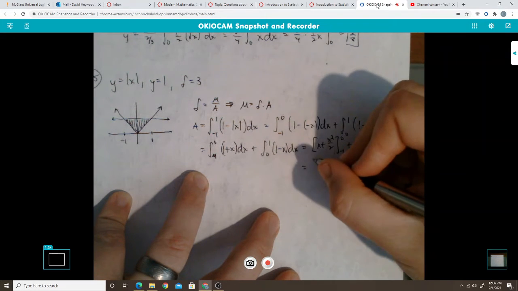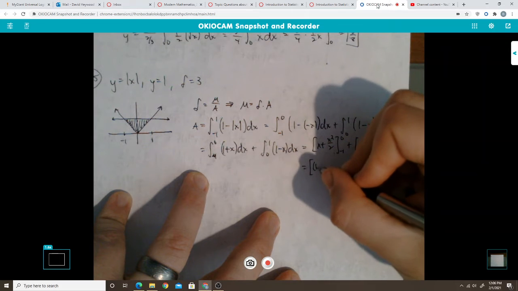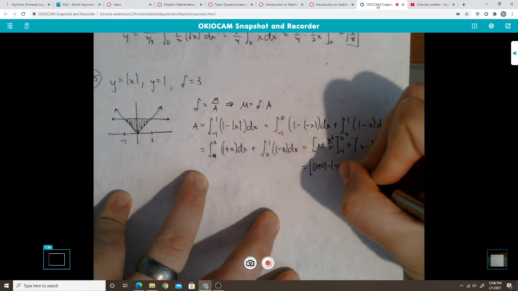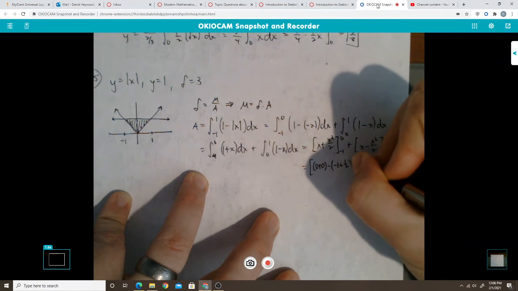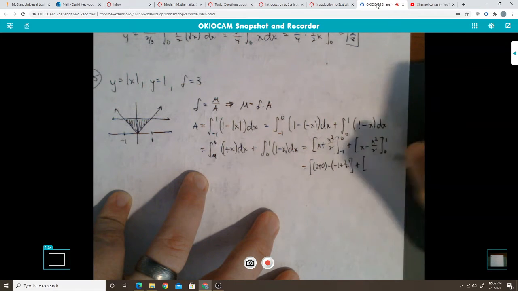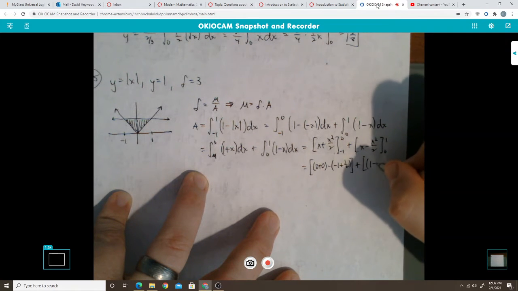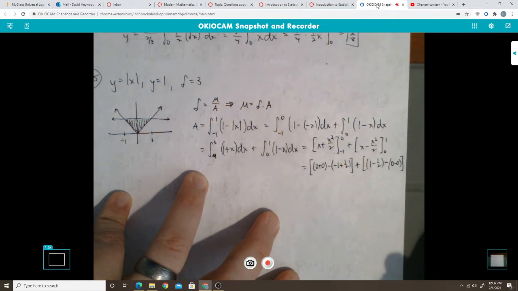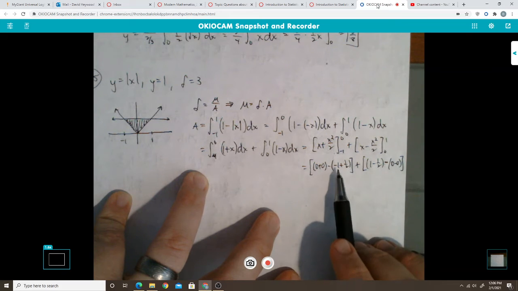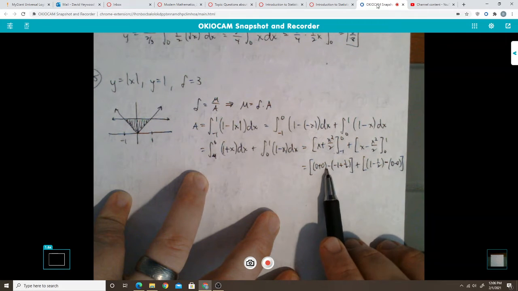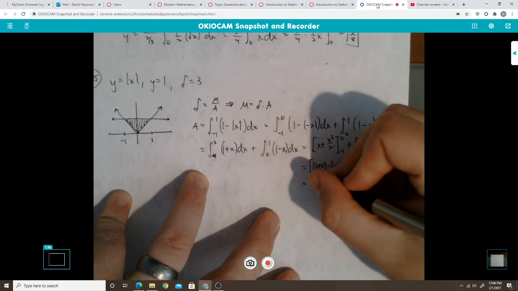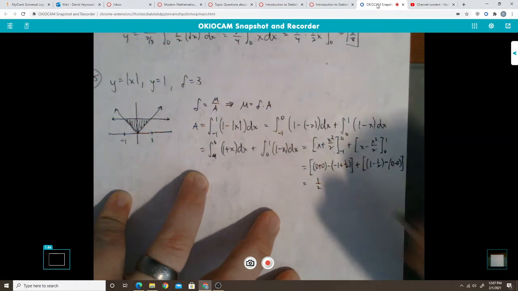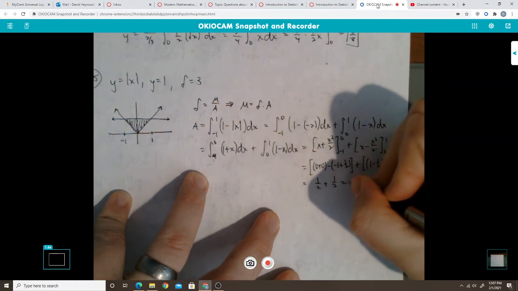That's going to be 0 plus 0 minus -1 plus 1/2, plus 1 minus 1/2 minus 0 minus 0. Here we get a -1/2, that negative makes it a positive, so it's 1/2, and here we have a positive 1/2, that equals 1.